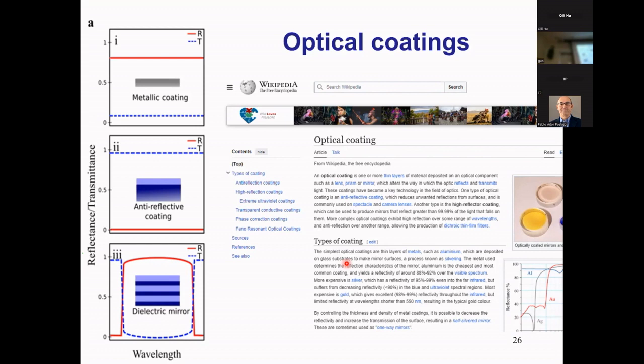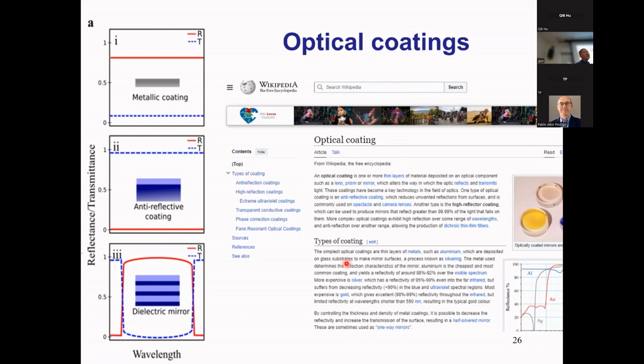There's a metallic coating, and there's a dielectric coating, which can be one layer or multiple layers. You either enhance the reflection or enhance the transmission. That's about it. It's very mature, works well, and people don't think too much about it.